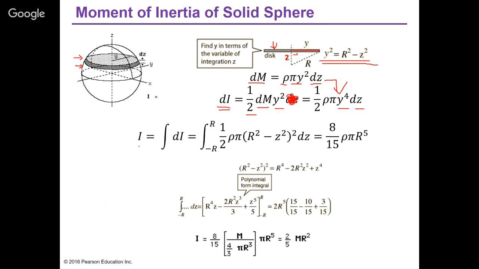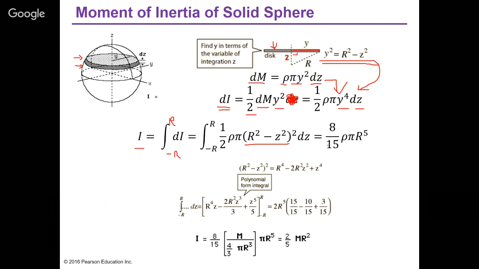Okay, and the total moment of inertia of the whole sphere would be integrating the moments of inertia of all of these disks together. Here for y to the fourth power, we can plug in that y squared is r squared minus z squared.